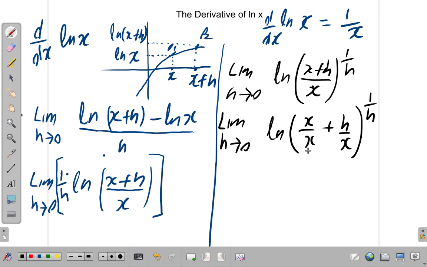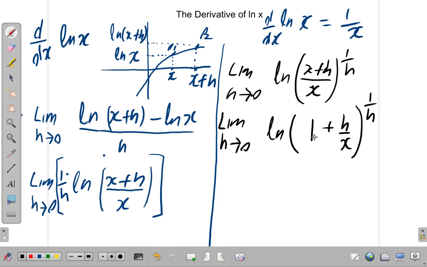But what is this? x over x, it's 1. So x divided by x is 1. So you can just write 1 there. It's 1 plus h over x. That is raised to the power of 1 over h. Alright.